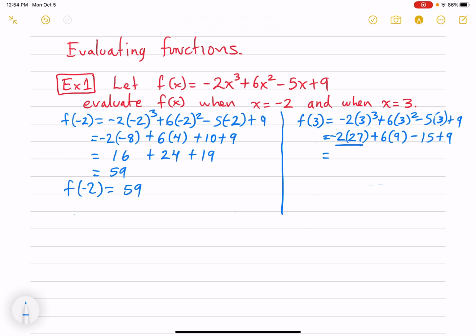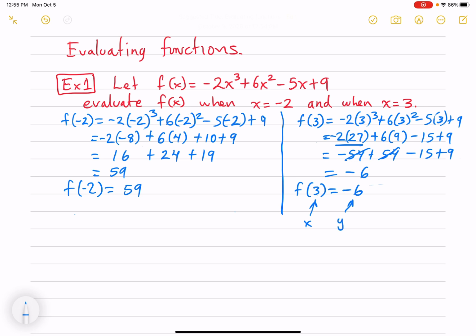Notice how this right here gives us a total of -54. And this is a positive 54. So they add up to 0. -15 plus 9 makes a total of -6. So we say that f of 3 is -6. When x equals 3, y is -6.